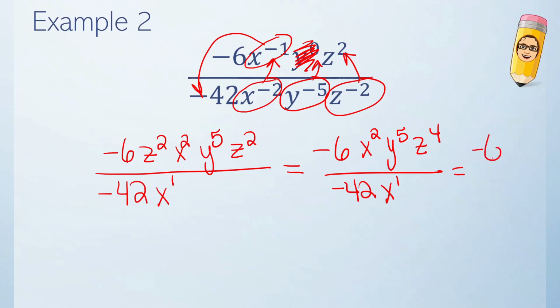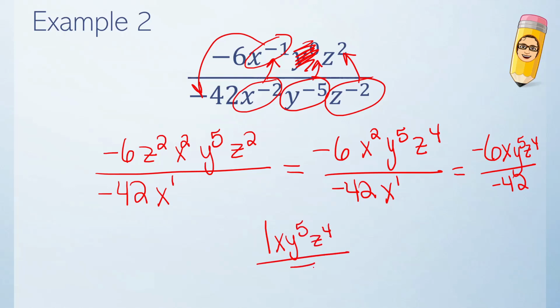So I'm going to get x, because 2 minus 1, right? y to the 5th, z to the 4th, over negative 42. No x's in the denominator any longer. But I do have negative 6 over negative 42. We do need to simplify that fraction. And we can simplify that into 1/7. So technically, I have the answer of 1x y to the 5th z to the 4th over 7 for our answer.